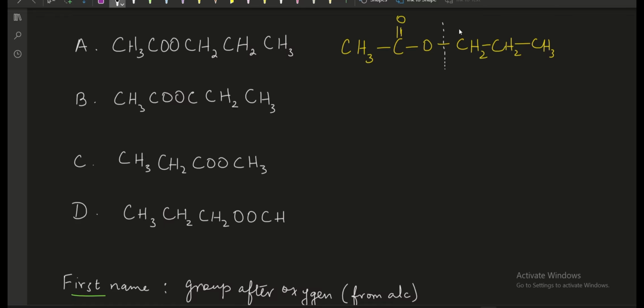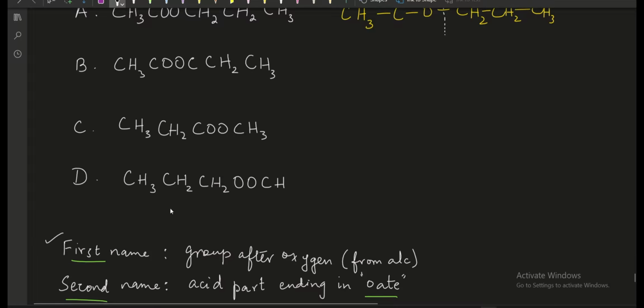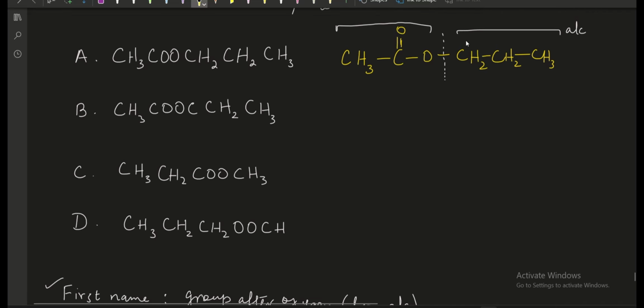Now after oxygen is the part that comes from the alcohol and the remaining part comes from the acid. So the part that comes from the alcohol, its name is written first, so its name would become propyl because it has 1, 2, 3 carbons in it, so it is propyl.